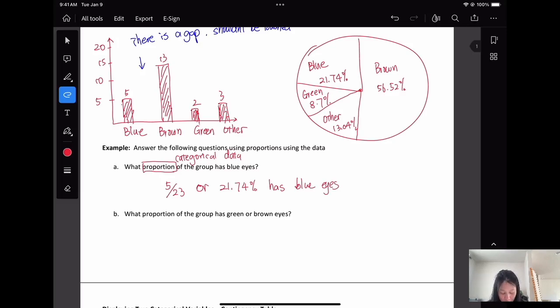Now, what proportion of people have green or brown eyes? If it's "or", that means we use addition to add these two together. For green eyes, we have 2 people out of 23.